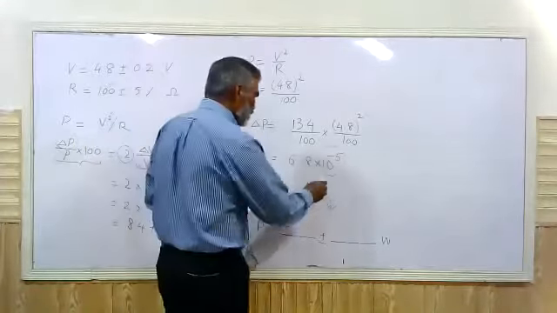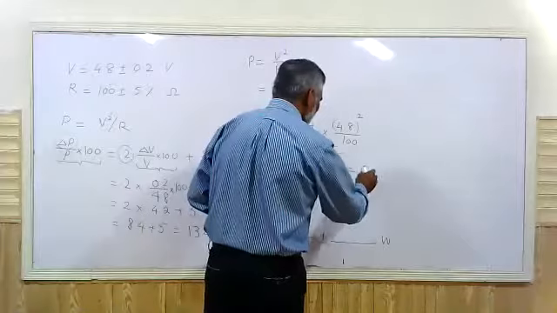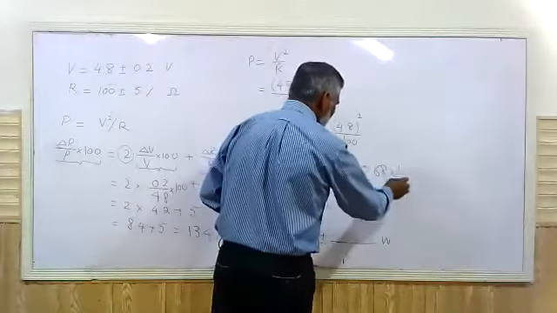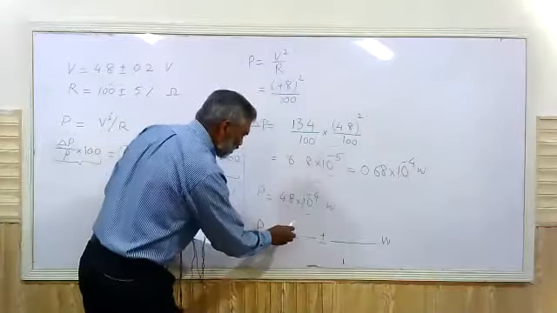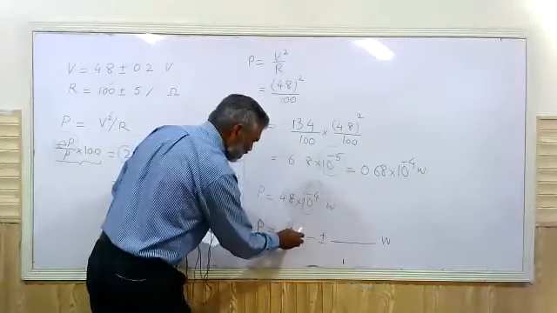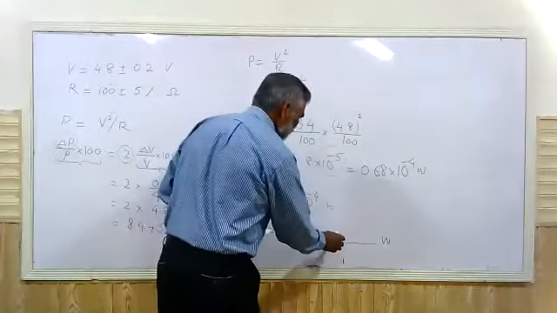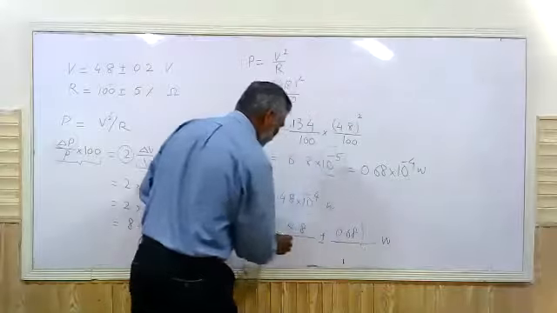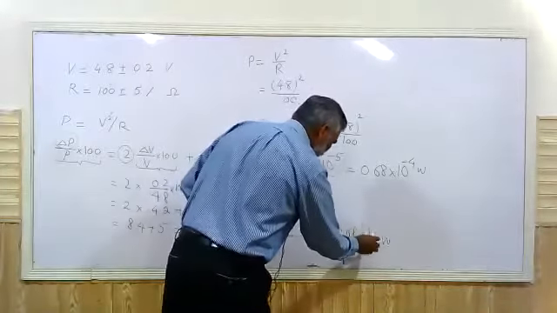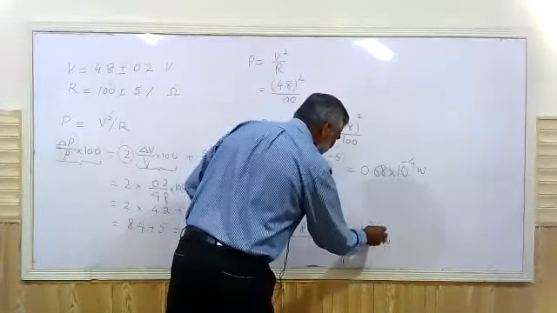When I make these two same, there will be a convenience, like this is 4.8 plus minus 0.68 and all this into 10 to the power minus 4 now.